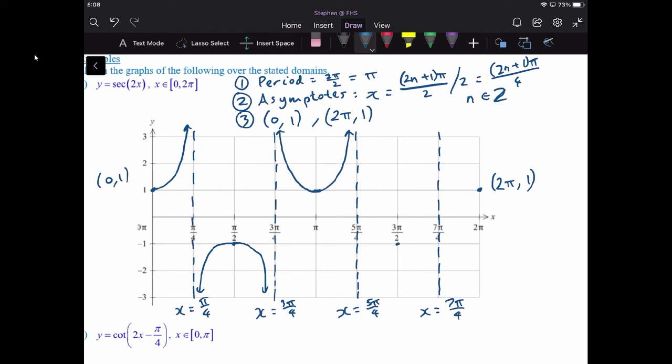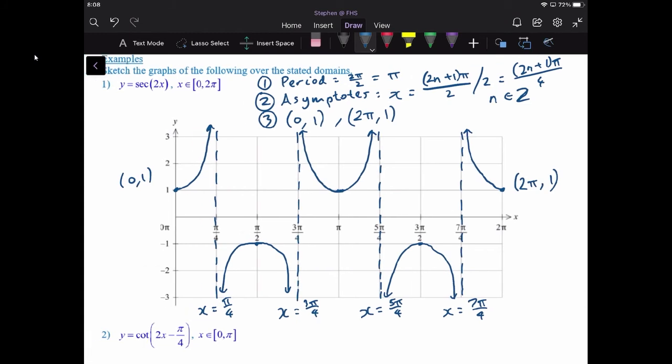Then between 5 pi on 4 and 7 pi on 4, again, just copy and paste what happened between pi on 4 and 3 pi on 4. And finally, at the last part, it just comes down like this, and you put your arrows there. Excellent, and there we go. That is the full graph of sec 2x between 0 and 2 pi.